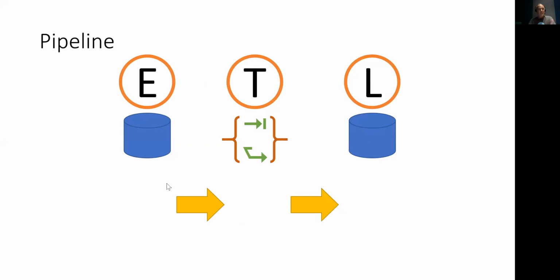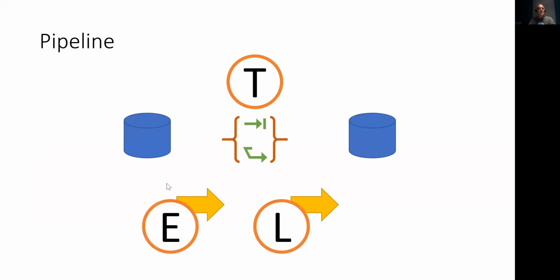And as you can think of it, ETL could be thought of as a pipeline, right? You have the E, the T, and the L. The phase of extracting something is first, then you transform what you extracted, then you load it into the final database.